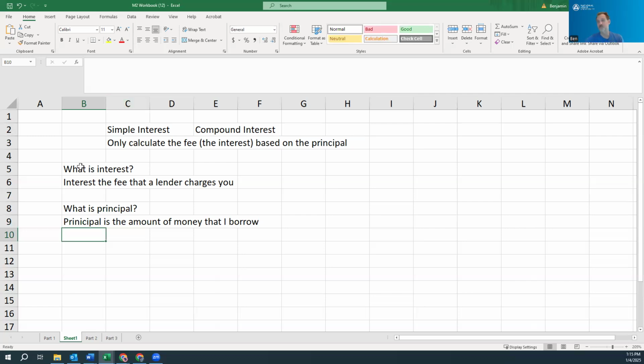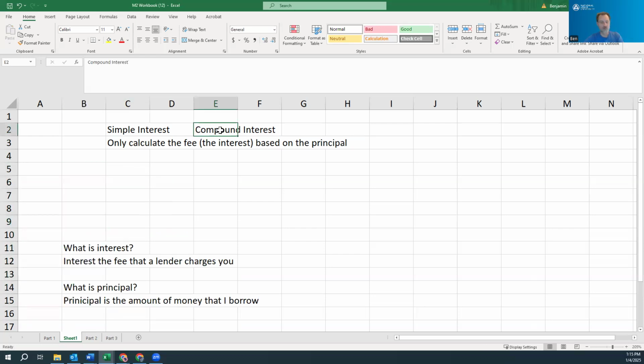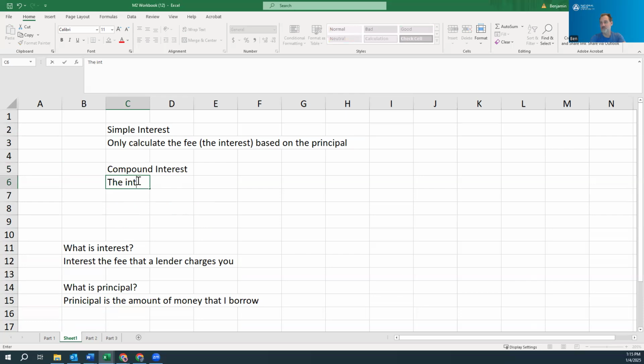And that's the big difference between simple and compound interest, because with simple interest, you calculate the interest based only on the principal, but in compound interest, the interest actually goes together with the principal. And so that has the impact of increasing the size of the principal, which means that the interest can actually get larger too. That's good if you're the lender.